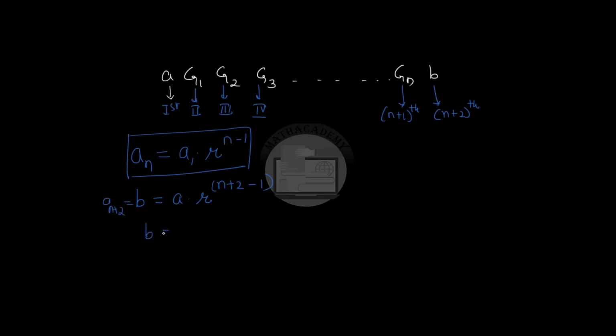So b is equal to a times r to the power n plus 1. I hope this is clear: we can insert n geometric means between two numbers a and b, and then the last term, b, will become the n plus 2th term. Let us see an example.